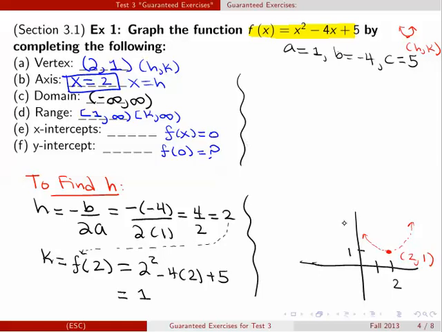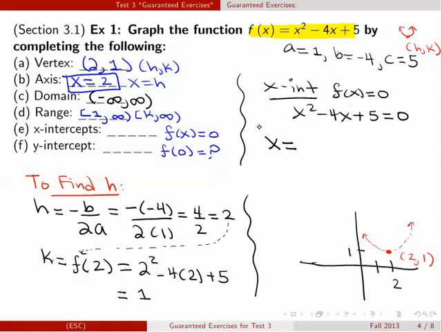So to find the x-intercepts, we set f of x equal to 0. That's the formula. It cannot be factored, and you guys can try factoring this and see that it cannot be factored. But we can use the quadratic formula. So we use the quadratic formula, you get negative b plus or minus the square root of b squared minus 4 times a times c.